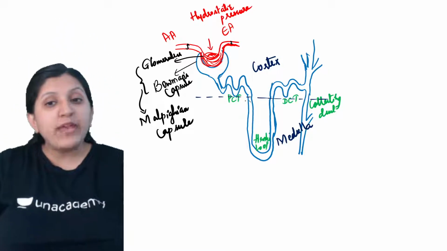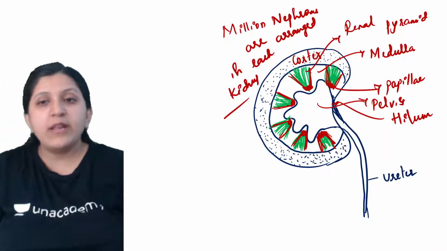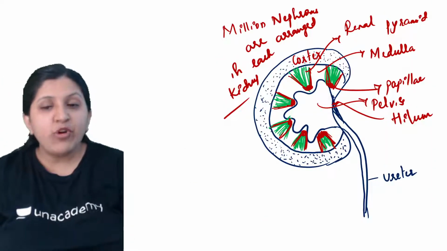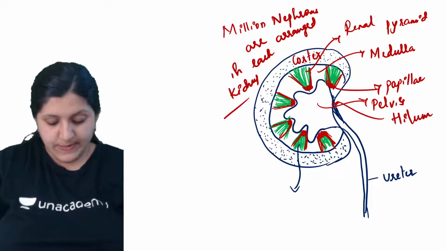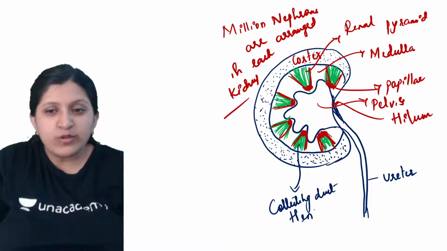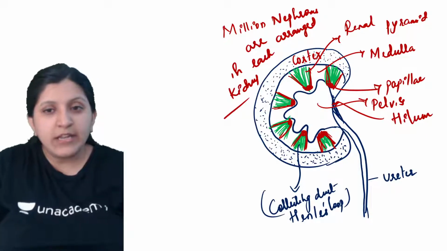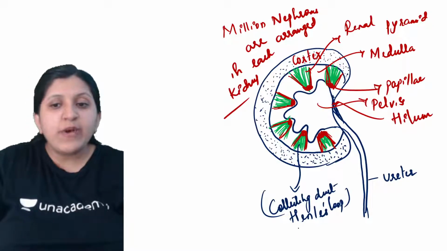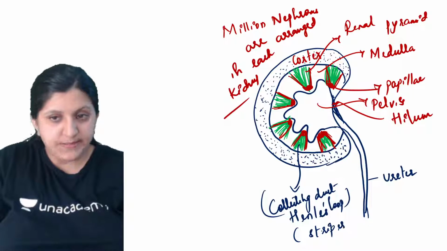That is why you see that renal pyramid, right? This one is a renal pyramid. The renal pyramid formation is mainly because it consists of the collecting duct, and with that a Henle's loop is also there. Henle's loop and collecting duct are present in the renal pyramid, and that is why you can find striations there, or stripes like this.